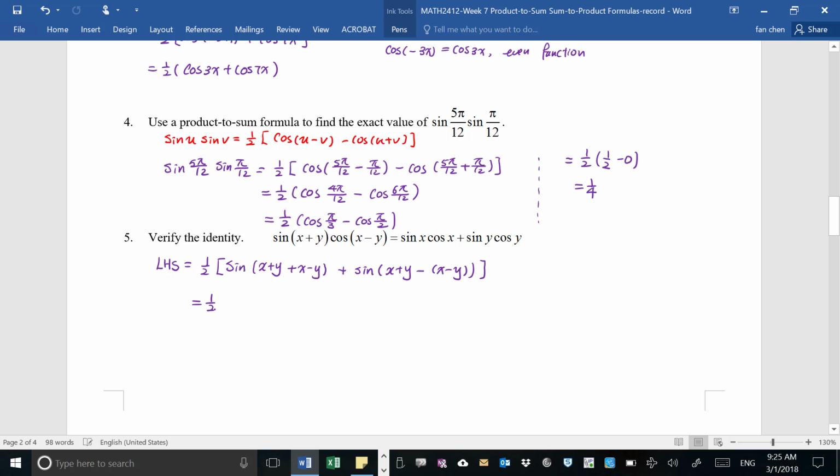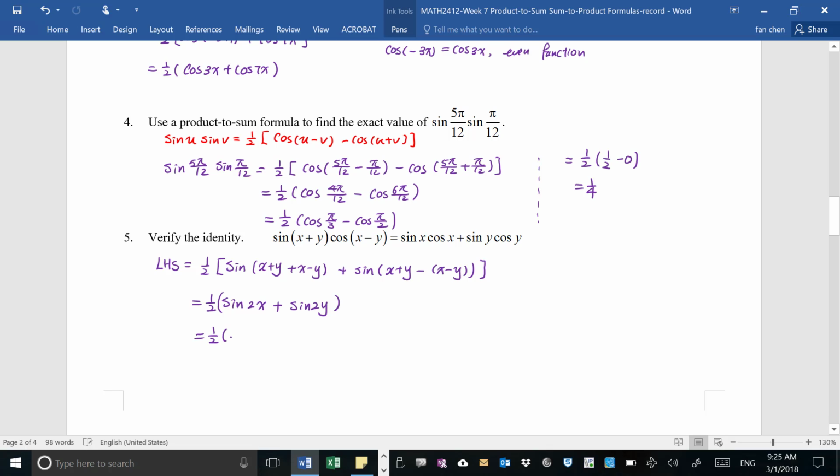So that's half of sine 2x plus sine 2y. Okay, in here I'm going to apply the double angle formula.